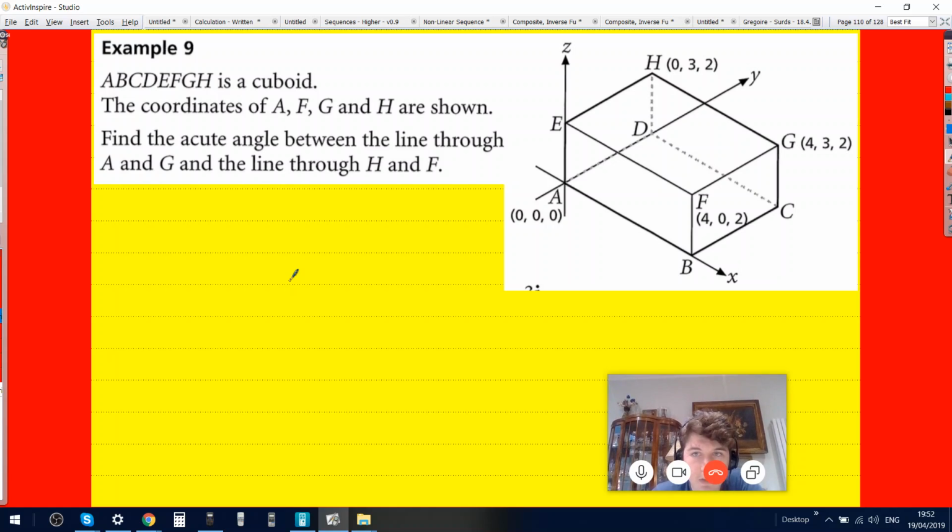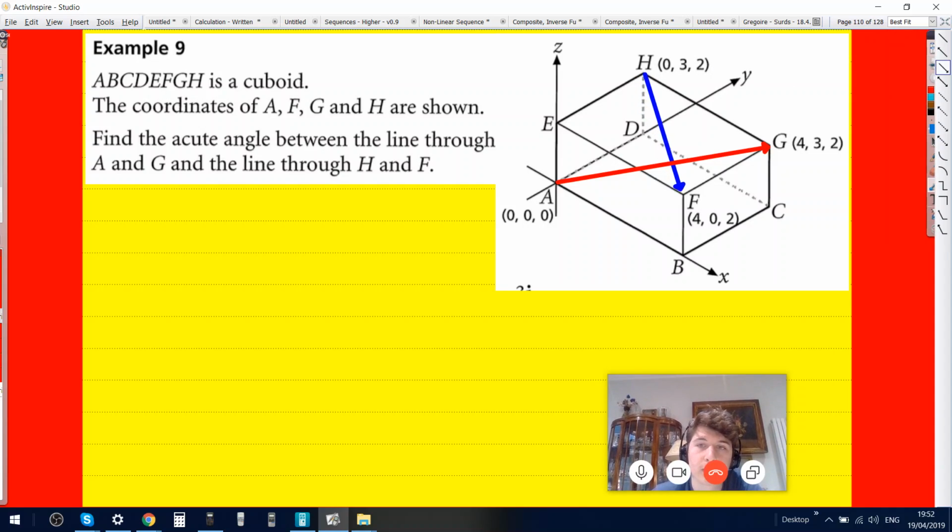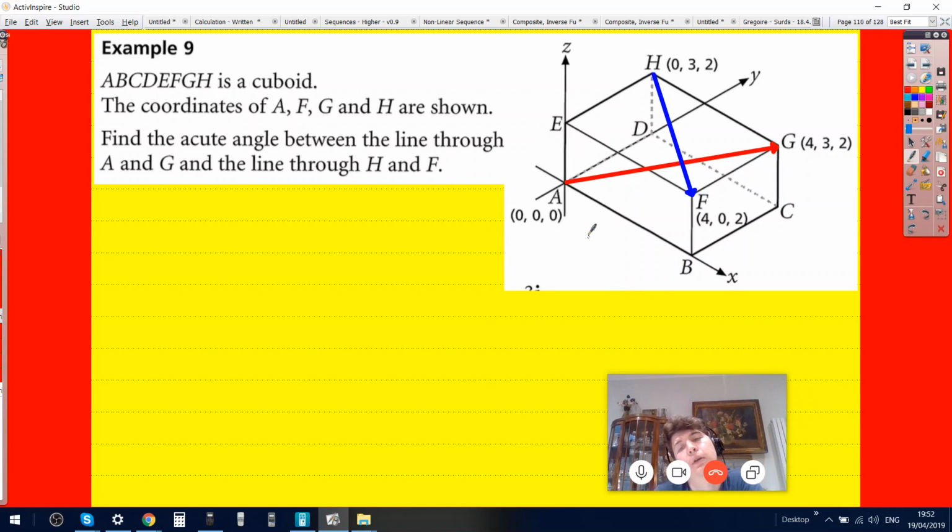So H and F is on a different plane to A and G. So A to G, and H to F. Right. Okay.